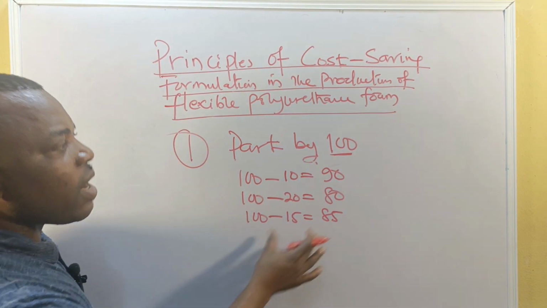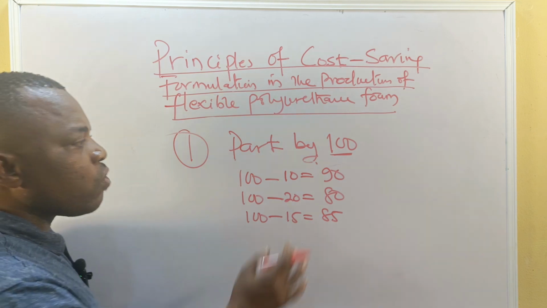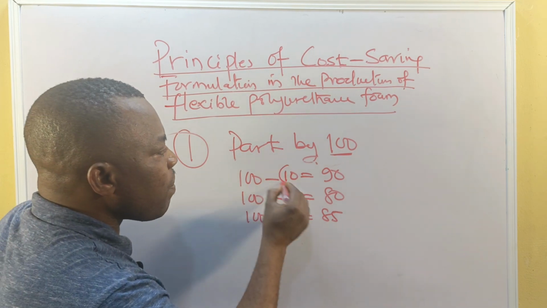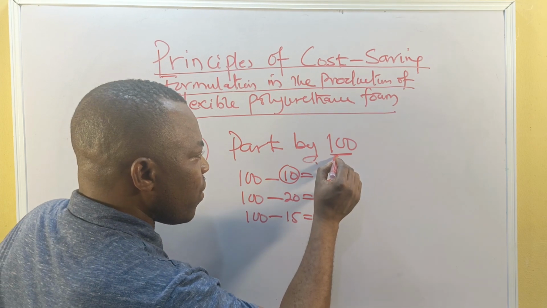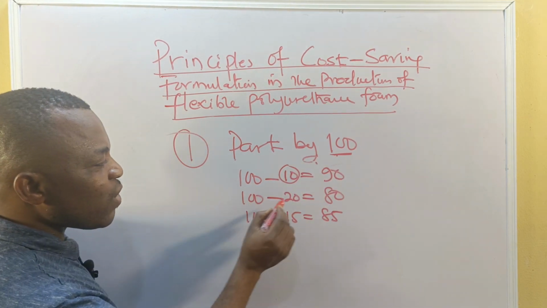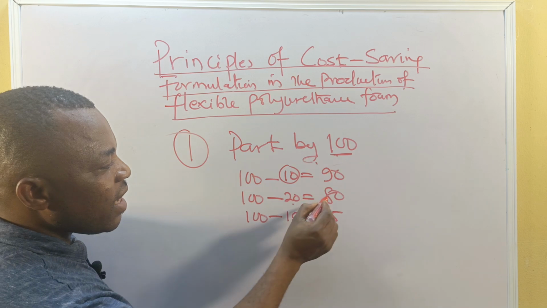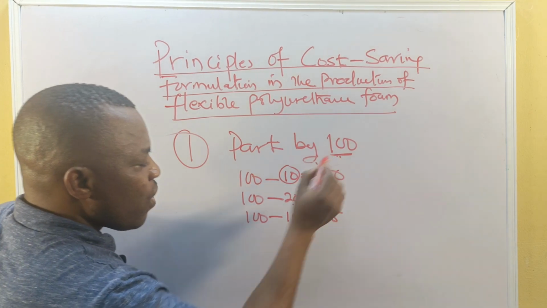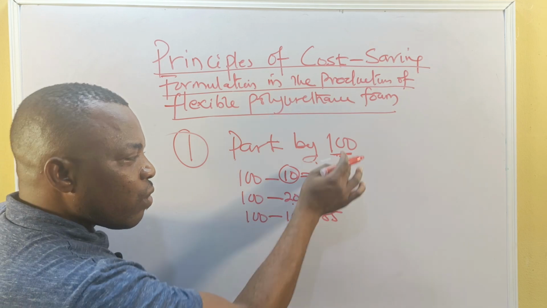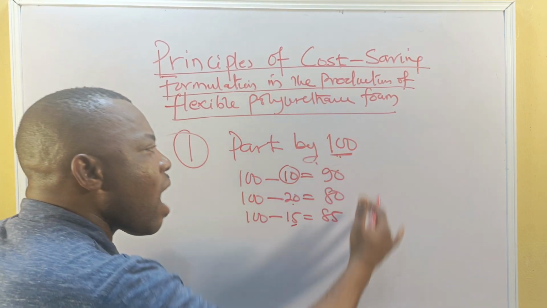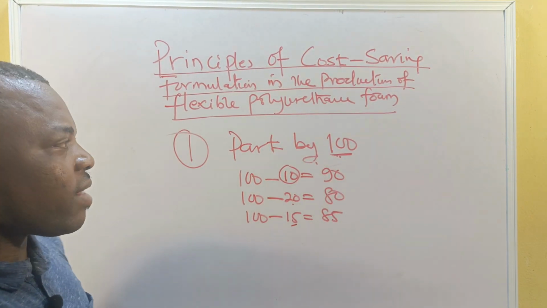That is 15%, and so on and so forth. So you are using 10 parts of filler to replace 90 of this, giving you 100. You are using 20 parts of filler in this to give you 100. You are using 15 parts of this in this to give you this. So this is how it is being integrated.